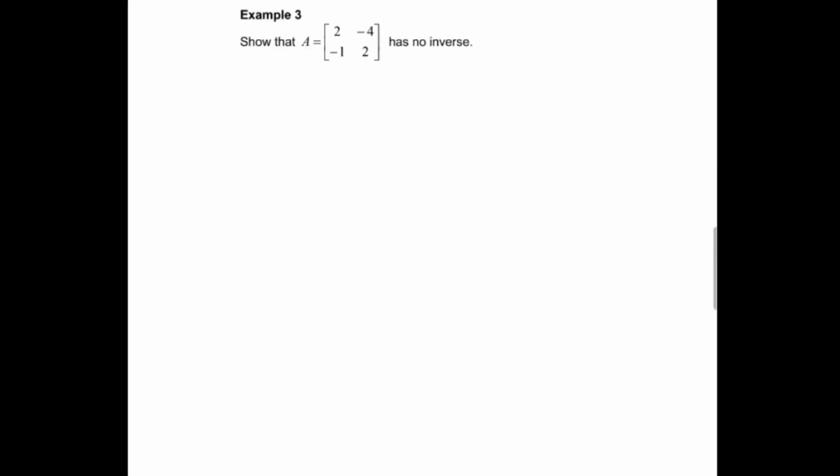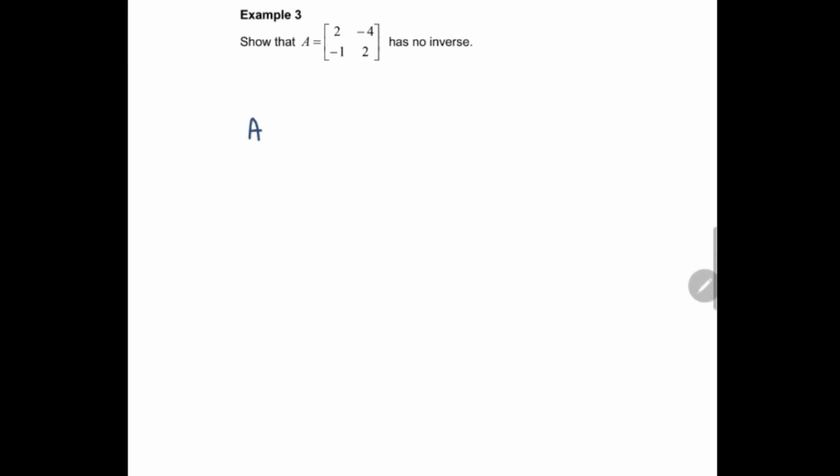For example 3, show that A, 2, negative 4, negative 1, 2, has no inverse. So how do we show a matrix has no inverse? By using the formula of the inverse.